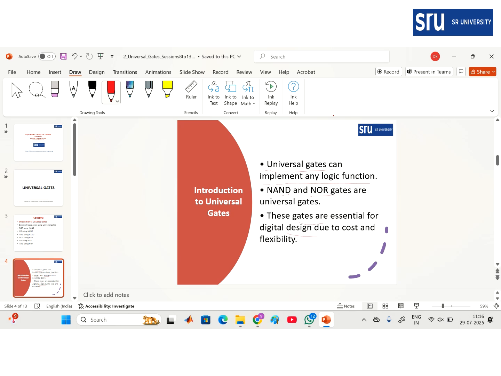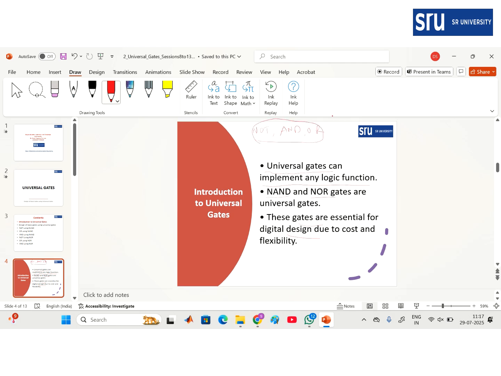Suppose if one circuit is there, and we have to implement any logic function using basic gates, that is NOT gate, AND gate and OR gate. If you are considering three different gates, we have different ICs for NOT gate, AND gate and OR gate. So we have to implement the circuit with different ICs.